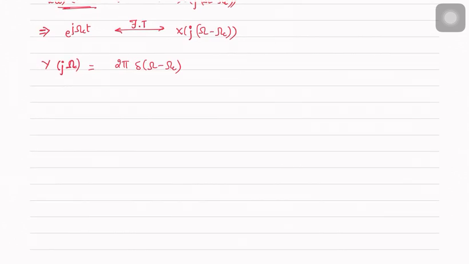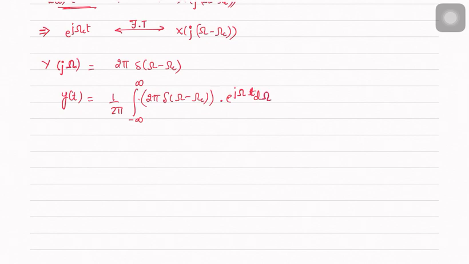If I find the inverse Fourier transform, my signal y of t is related by this formula. This is my y of j omega. The variable of integration is omega.